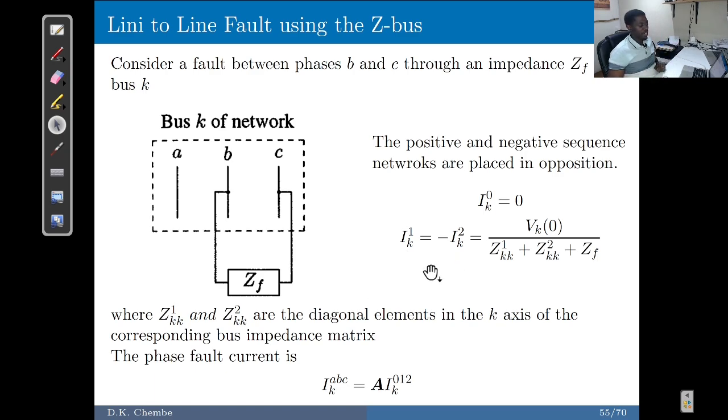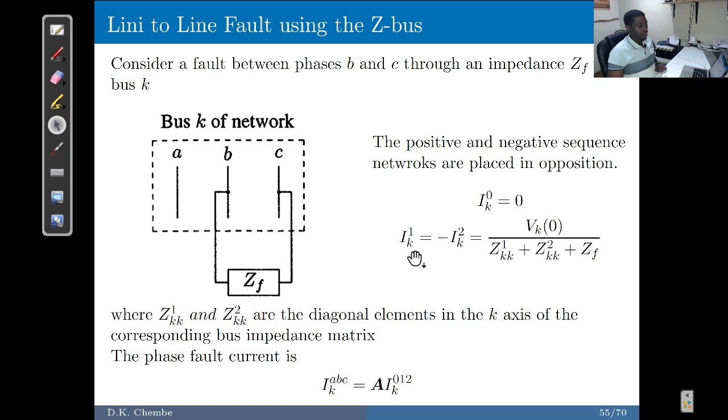So the current flowing in the positive sequence is equal to the negative current in the negative sequence, whereas the zero sequence component is decoupled, so it's separated, and for this reason IK0 is 0.